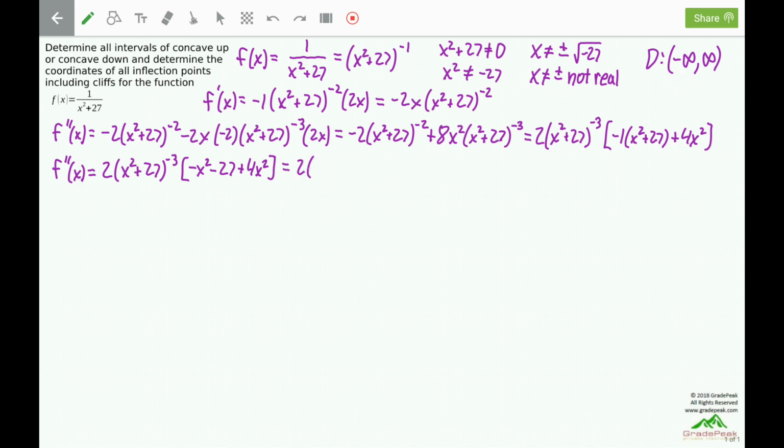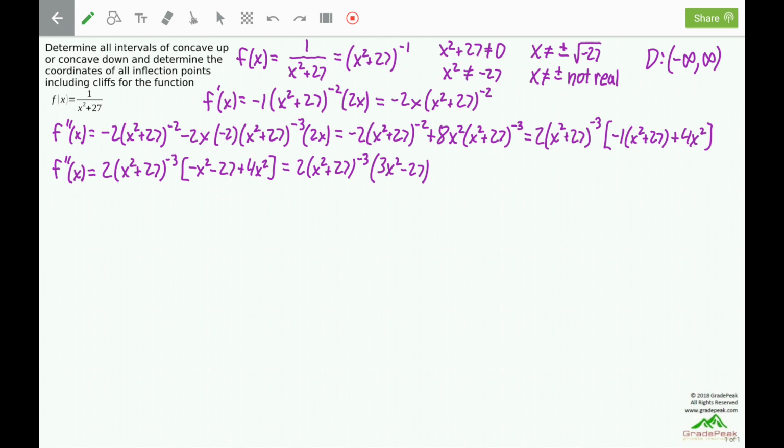So leaving the first part of the expression alone, in the square brackets, we can combine like terms. I'm going to turn it into parentheses now. We have a -1x squared and a positive 4x squared. -1 plus 4 is 3, so 3x squared. And there's also a minus 27.